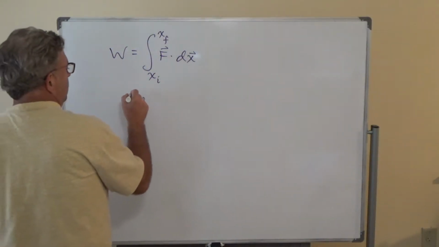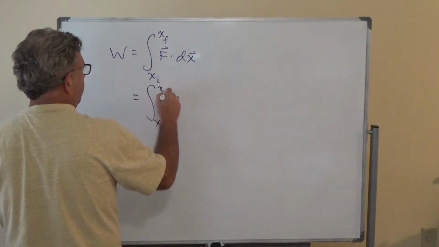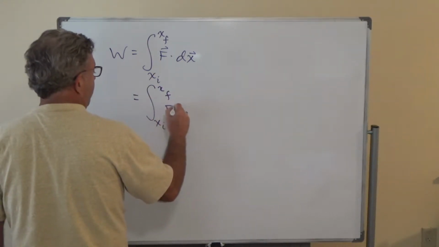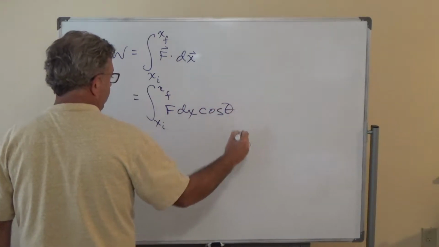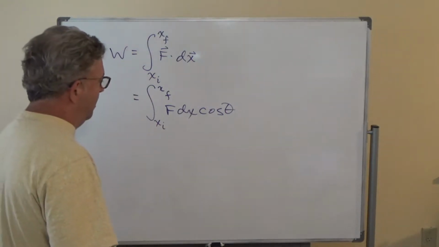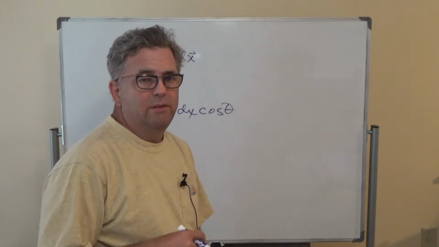So this is equal to the integral from x initial to x final of f dx cosine of theta, where theta is the angle between the force and the displacement.